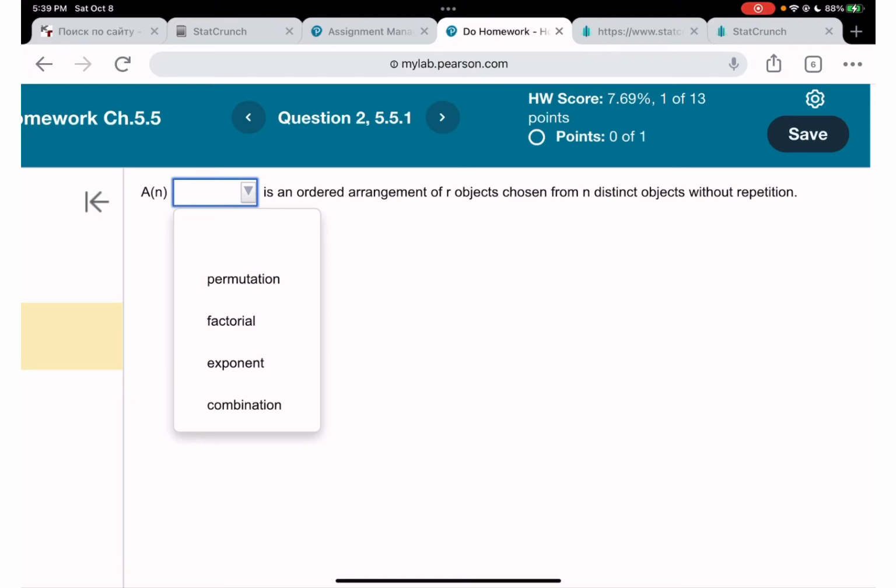When we are choosing r amount of elements out of a total amount of n, and the order is important, let's say you are voting for the director and then secretary and so on, and you have to go by order, then we are going to use permutation.